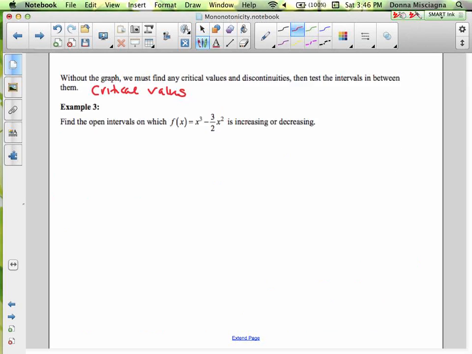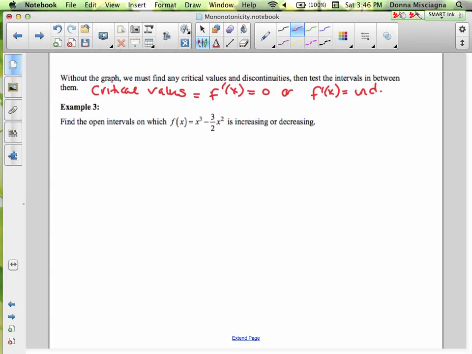All right, so critical values are where f prime of x equals 0 or where f prime of x is undefined. All right, those are our critical values. We're going to look for both. Is our derivative 0? Is our derivative undefined? That's the only place that our function can have relative maximums and minimums.